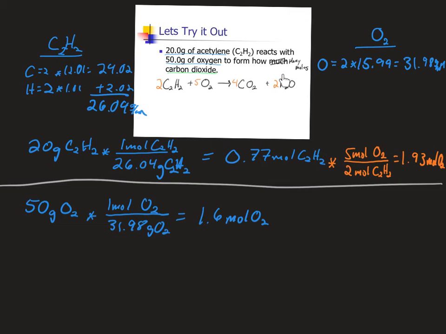And since in the problem I changed to how many moles of carbon dioxide, I can actually just go through that whole process and say, I'm going to convert this one to moles of carbon dioxide. Now, why again am I using this one? That's because oxygen is my limiting reactant.